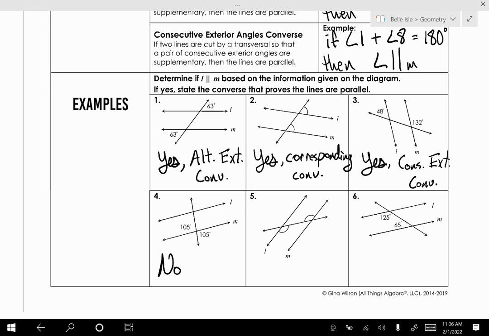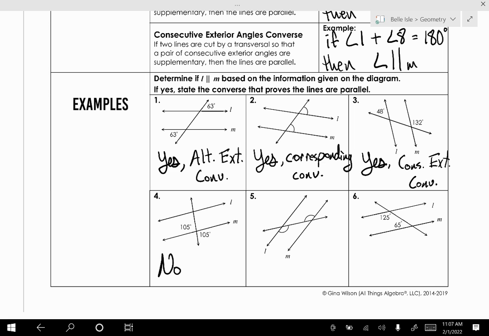On number 4, we know that it is no because the vertical angles do not tell us anything about which line.